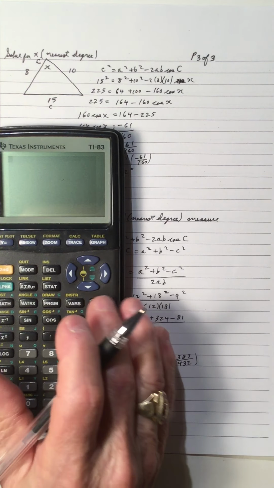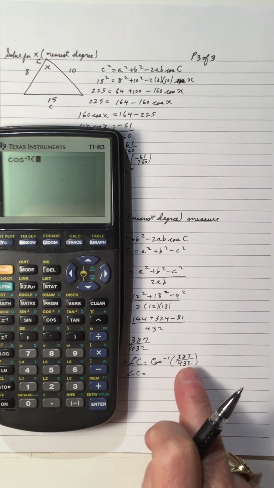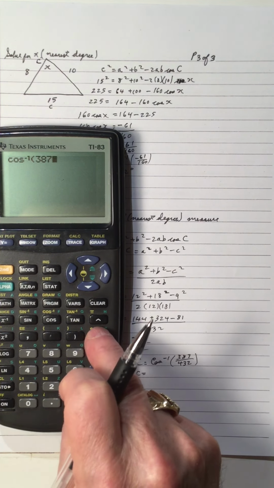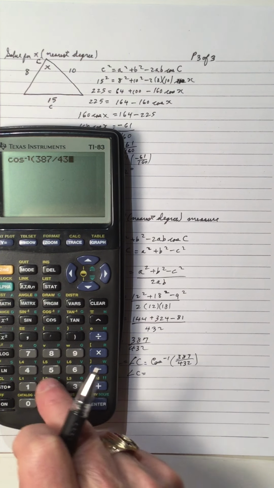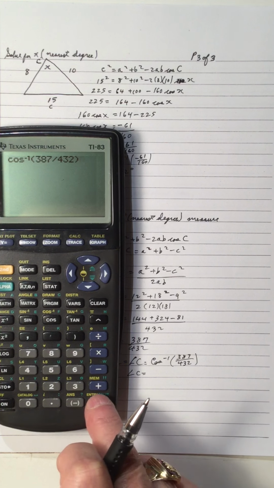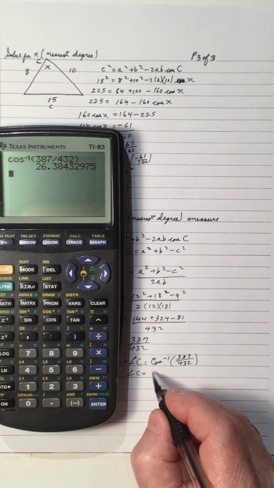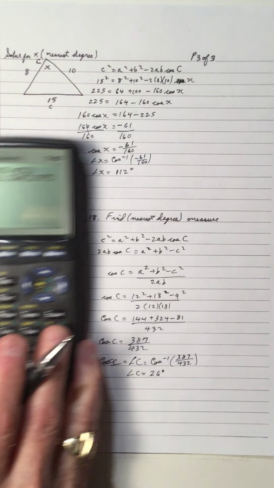So pick up the calculator, and I'll go inverse cos of 387 division 432, and there it is, and the angle comes out to be 26.38, so to the nearest degree is 26 degrees.